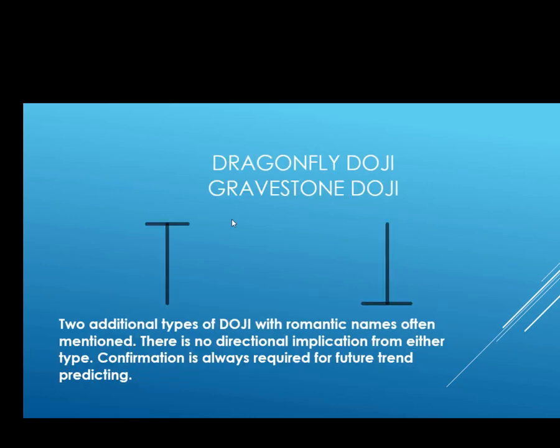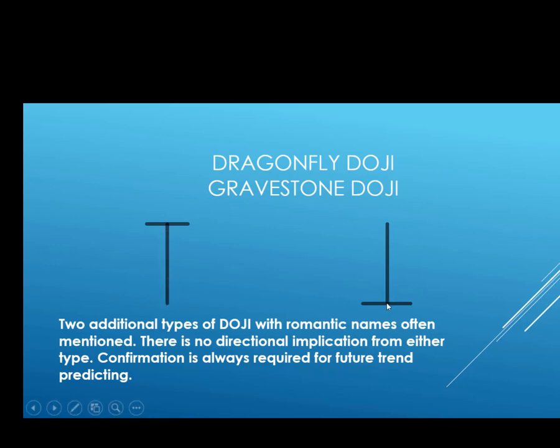Here's a couple of interesting dojis. These are a little bit unique. They're often mentioned in analysis descriptions. In this case, we see what's called a Dragonfly doji, which has, once again, virtually the opening and closing about the same, with a very long tail, or wick, or sometimes called a shadow, going in a bearish direction.